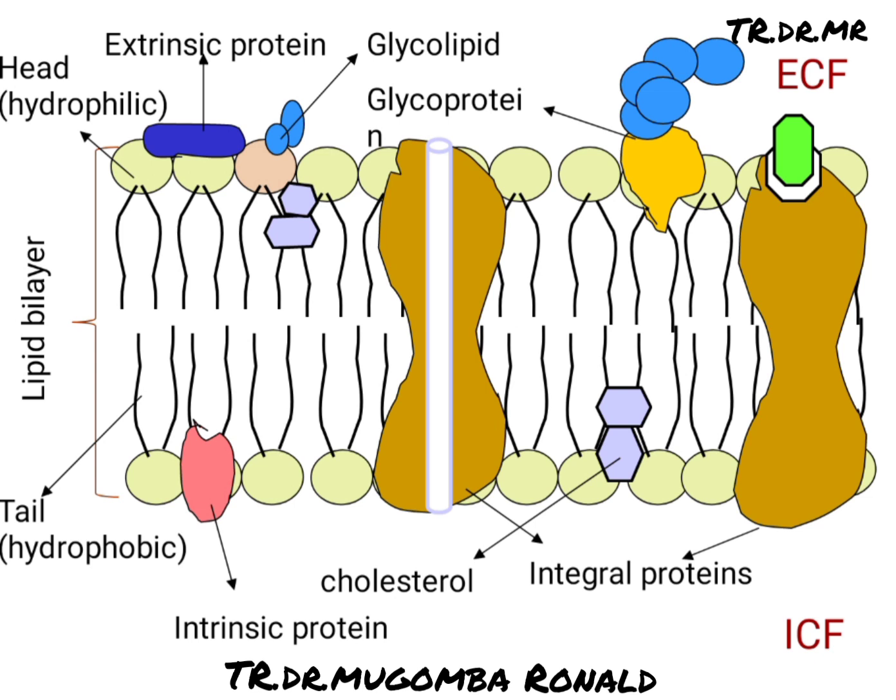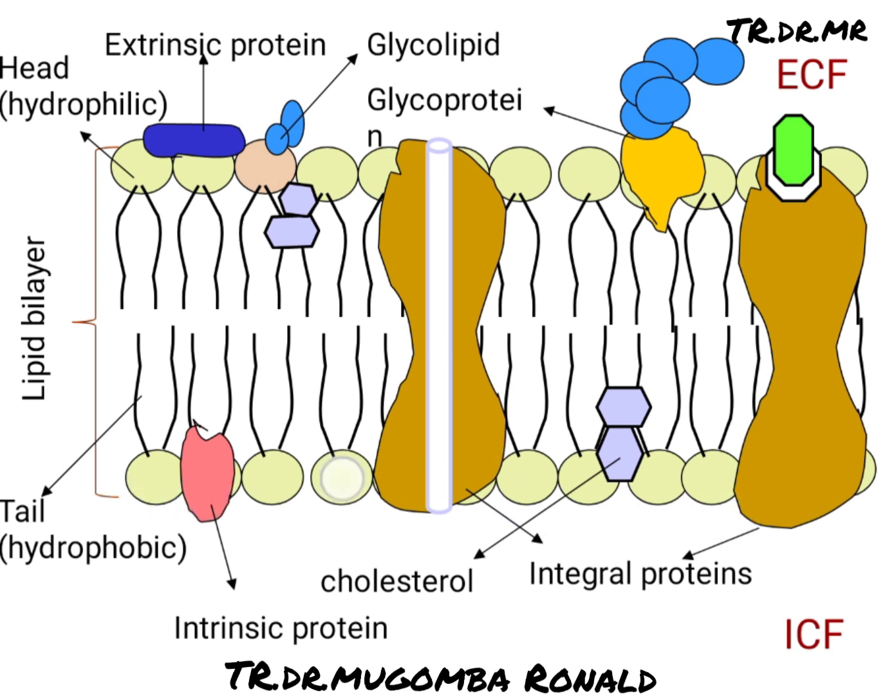So that is the structure of the cell membrane according to what they usually call the fluid mosaic model. You can see the extrinsic proteins, the glycoproteins, and the glycolipids. This is the extracellular fluid. Intracellular fluid is the fluid found within the cell, that is the cytoplasm. You can see that the membrane is made up of two layers, the bilayer.